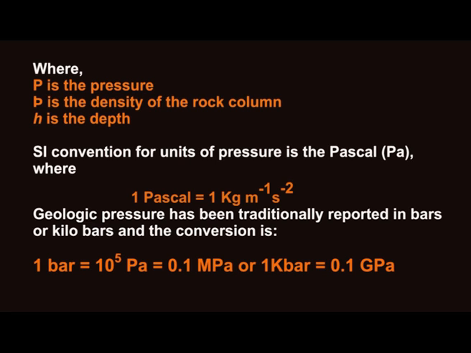The SI unit of pressure is the Pascal, where 1 Pascal equals 1 kg per meter per second squared. Geological pressure has traditionally been reported in bars or kilobars, and the conversion is 1 bar equal to 10 to the power 5 Pascal, equal to 0.1 megapascal, and 1 kilobar equal to 0.1 gigapascal.